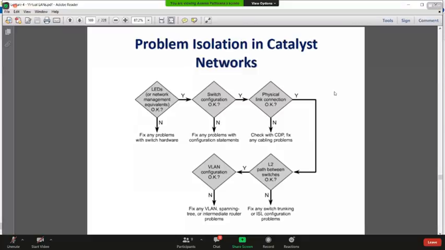First thing, focus on the LEDs. If the LEDs are okay, then you can continue with the switch configuration. That means all the indicators are green, right?